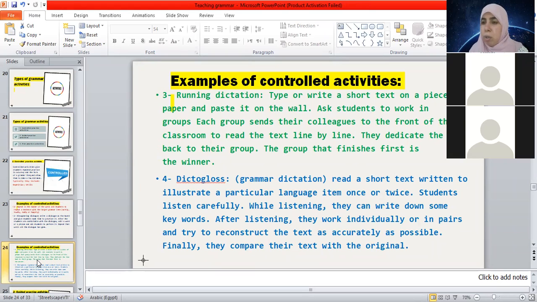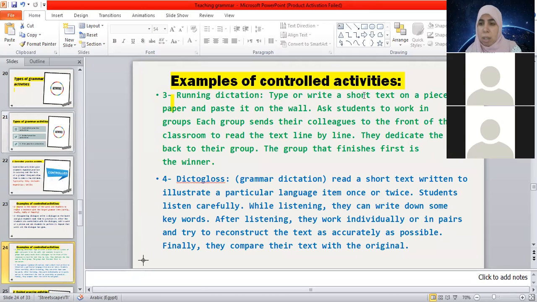Okay, divide your students into groups, 4 groups, for example, and one from each group goes to the text, reads a sentence, and goes back to dictate this sentence to his or her group. Okay, so each time they go to the text and say just one sentence to the group, and of course the faster group is the winner.